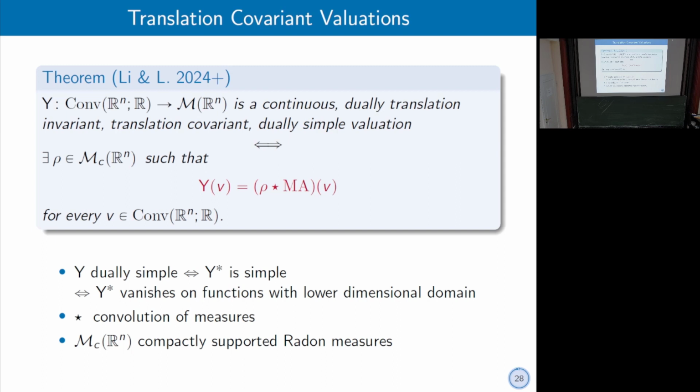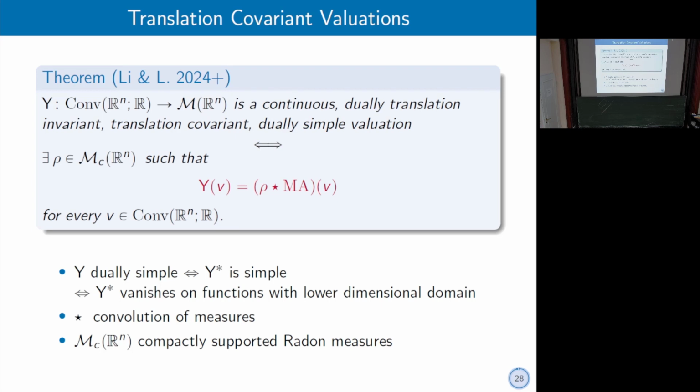So this means in the primal setting, in the setting of finite valued convex functions, if you have functions that don't depend on one direction, they are supposed to vanish.